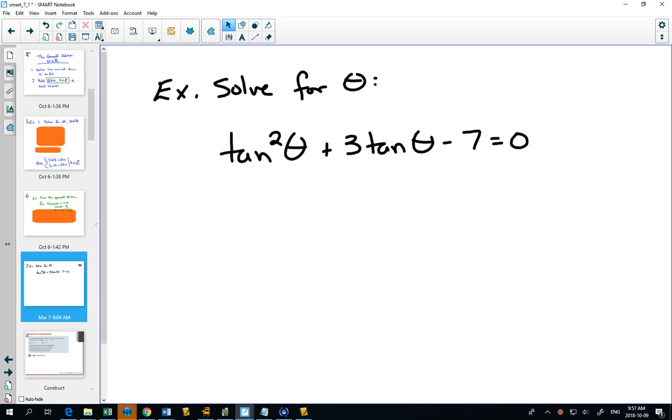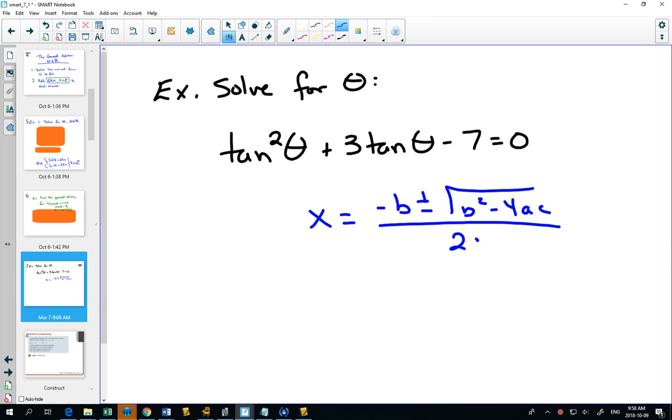What makes this one the next level? Well, it's quadratic. So normally what do we do with quadratic equations, with trinomials? We factor. But if you try to factor this one, you find that it doesn't factor. So what did you do with quadratic equations that didn't factor in grade 11? You used the quadratic formula. The quadratic formula is on your formula sheet like this. x equals negative b plus or minus square root of b squared minus 4ac over 2a.